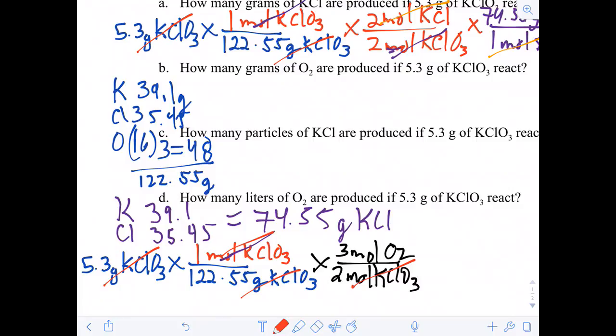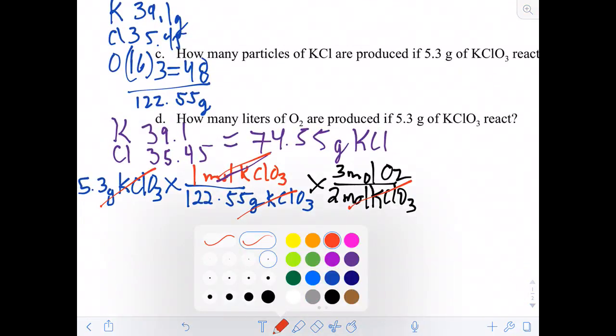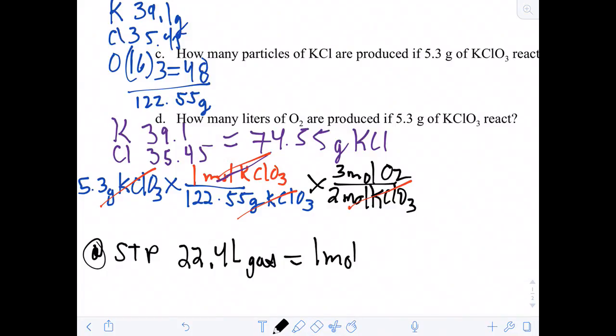They want to know how many liters of O2 that is. And there's one conversion factor I want you to write on your periodic table, and that is this. That at standard conditions, at STP, 22.4 liters of gas, any gas, is 1 mole of gas, whatever that gas is.